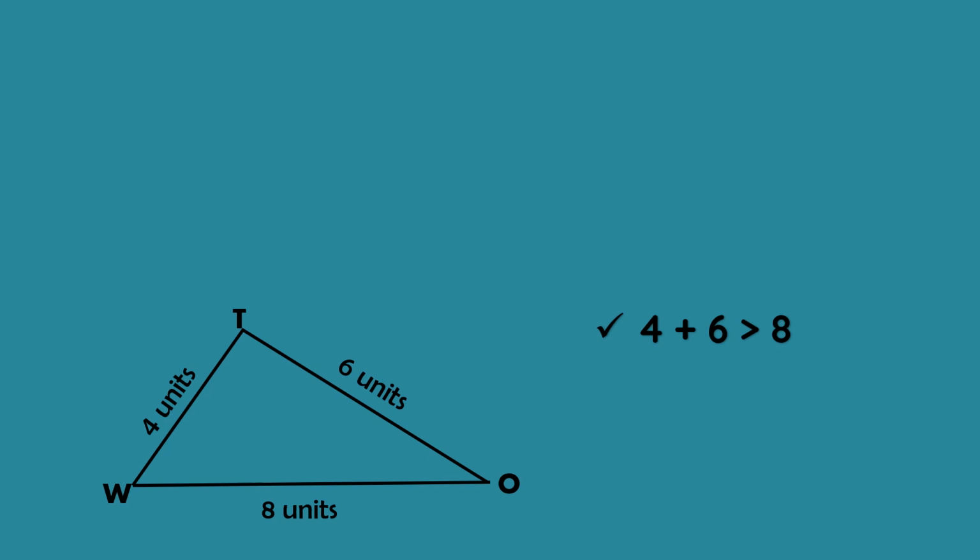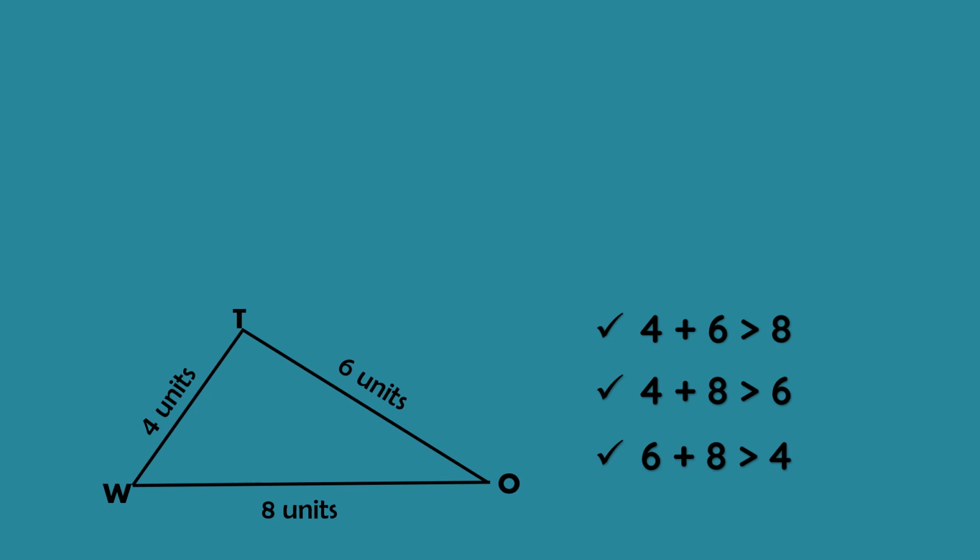The second one is, let's take the sum of 4 units and 8 units, and that is 12 units, which is greater than 6 units, and our inequality is also correct. Our last inequality would be the sum of 6 and 8 units, and that is 14, which is greater than 4 units. Therefore, once again, our last inequality is correct.